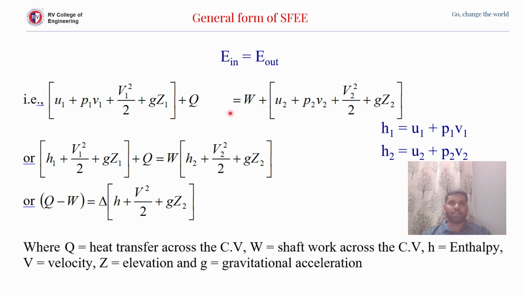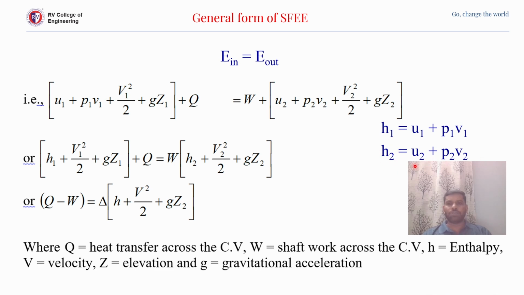So the final equation for this steady flow system, E in is equal to E out. When I write this, I have U1 plus P1V1 plus V1 square by 2 plus g into Z1 plus Q is equal to W plus U2 plus P2V2 plus V2 square by 2 plus g into Z2. So U1 plus P1V1 is nothing but H1.